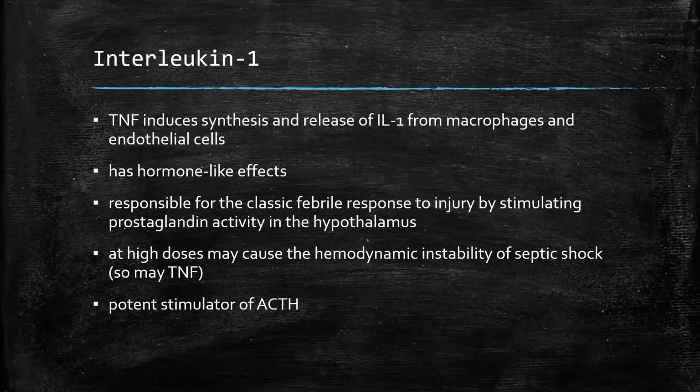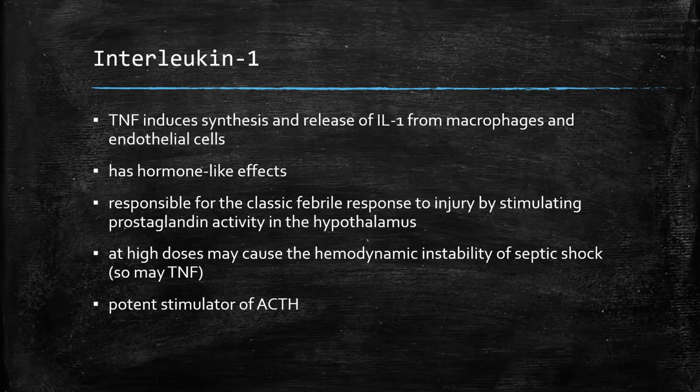The classic febrile response that we see post-op or post-injury is probably related to interleukin-1, which stimulates certain prostaglandin activity in the hypothalamus. The hypothalamus has interleukin-1 receptors, so this sort of hormone-like response has evolved for interleukin-1.